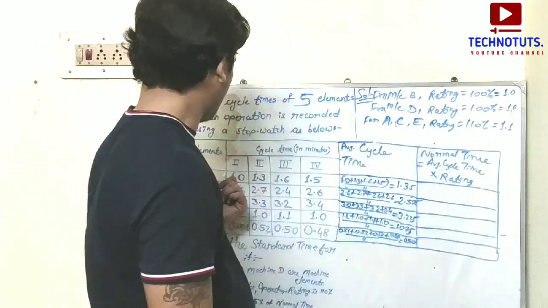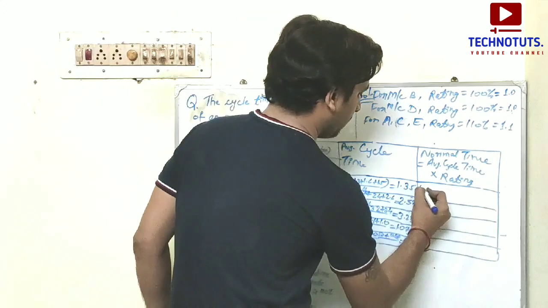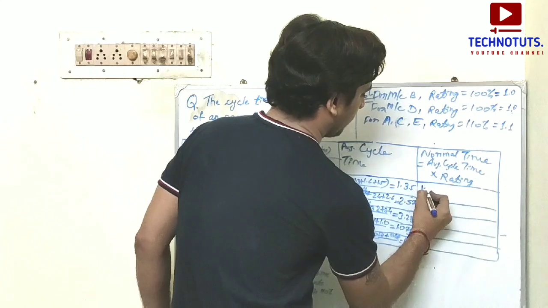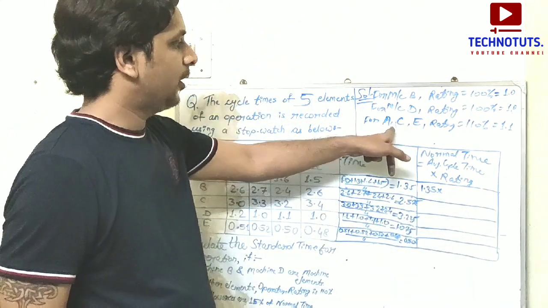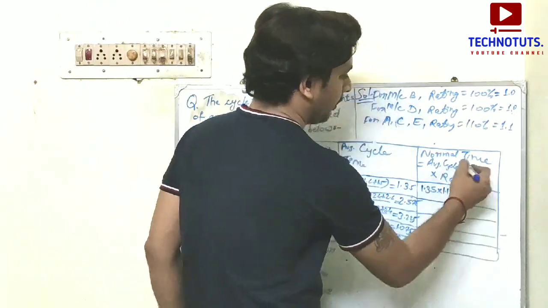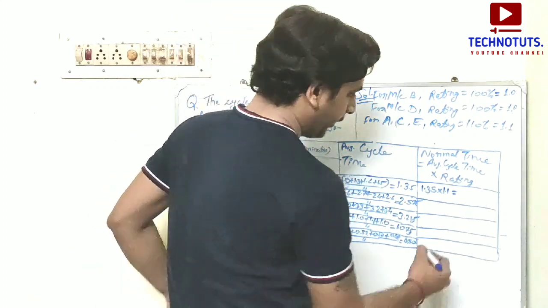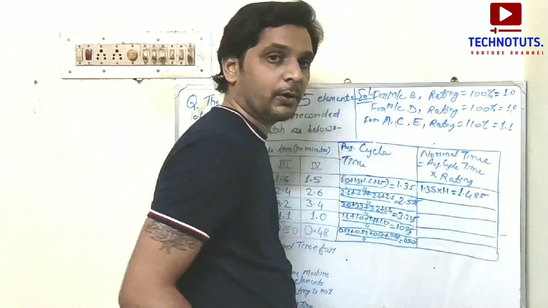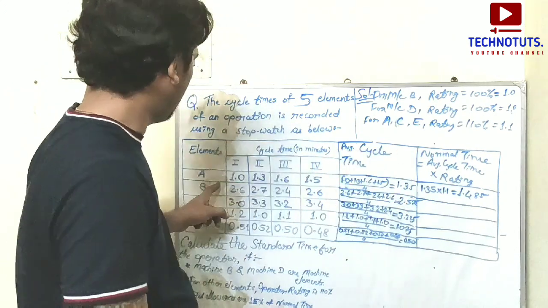So for element number A, average cycle time is 1.35. So let us note it down here. 1.35 into rating for element A is 1.1. So normal time for element number A is 1.485.